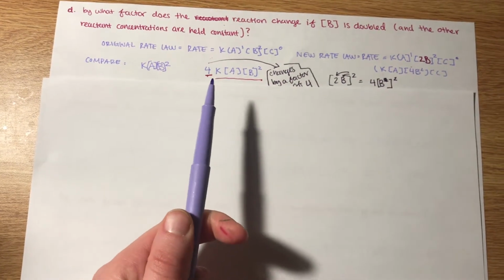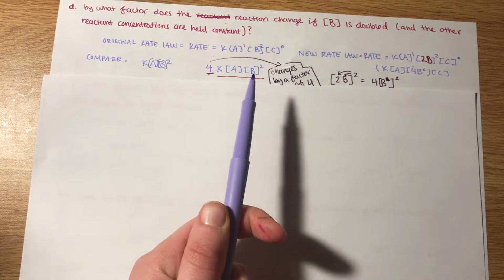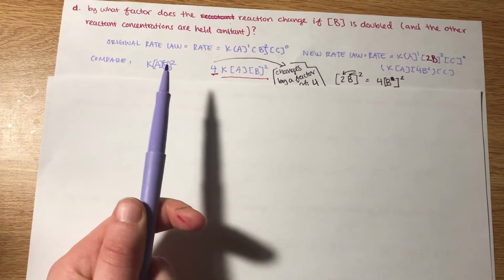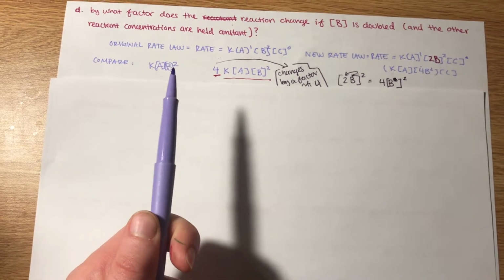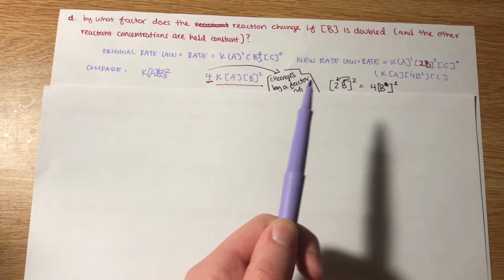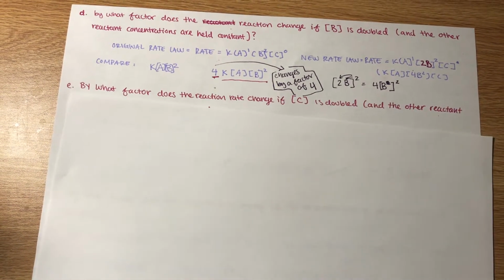And then you can put that in your modified equation. So my new equation is 4k A to the first, B squared, C to the 0, and my old equation is kA B squared, C to the 0. Meaning that the only thing different between the original rate law and the new rate law is the factor of 4. Therefore, it changes by a factor of 4.